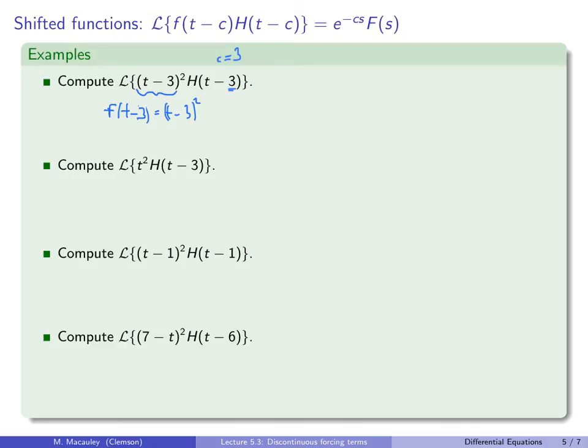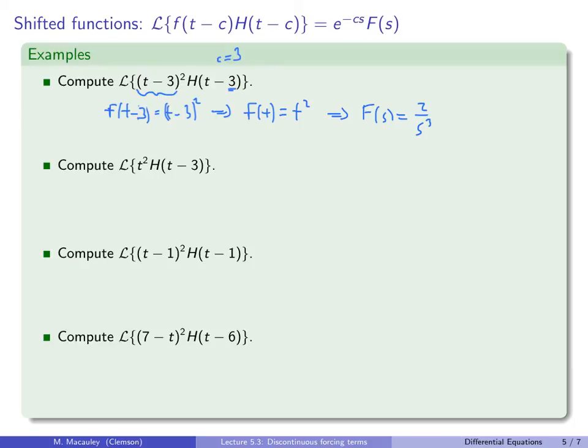Now maybe you can just look at this and say, well, if f of this thing equals this thing squared, then f of t must be equal to t squared. And that means that the Laplace transform of that is 2 over s cubed. Remember that?